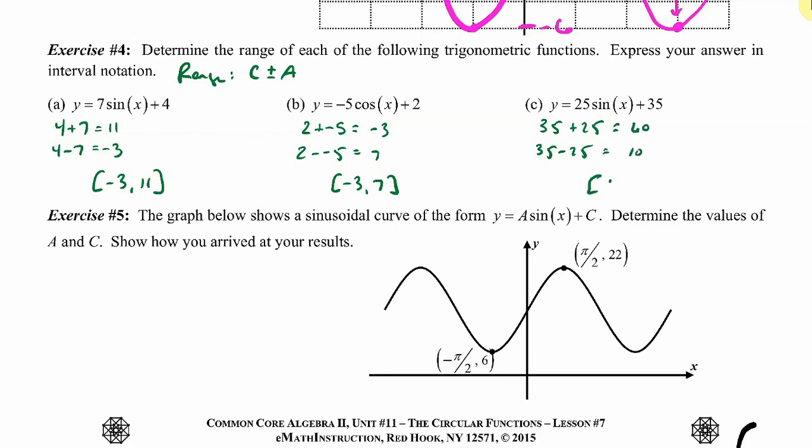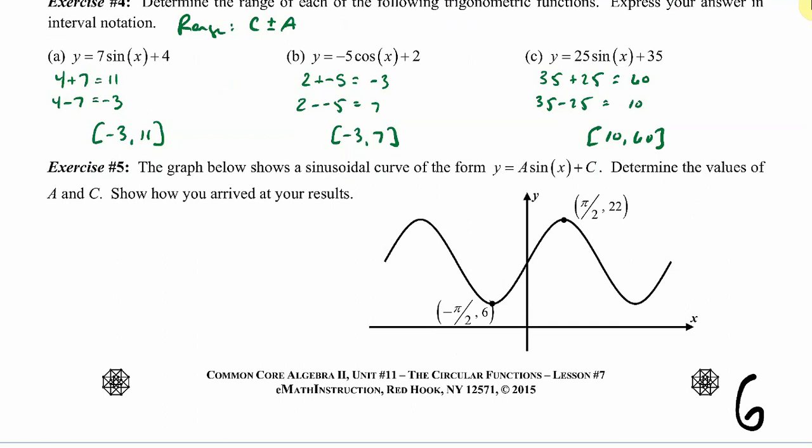And last but not least, the graph below shows a sinusoidal curve of the form y equals a sine of x plus c, so specifically a sine curve. Determine the values of a and c. Show how you arrive. Okay, well look, what I'm going to do is dot my midline in to begin here.